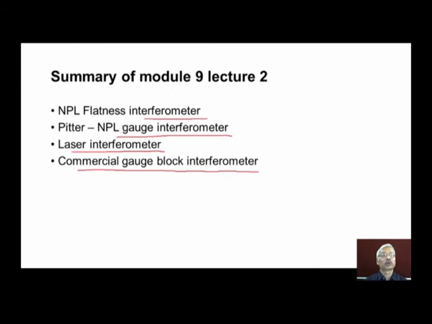We discussed about the constructional features, and then how they can be used for measurement of various features like the gauge block, surface parameters, length parameters, etc. And what are the various applications of these interferometers, that also we discussed. With this, we will conclude the module number 9 on interferometry. Thank you.